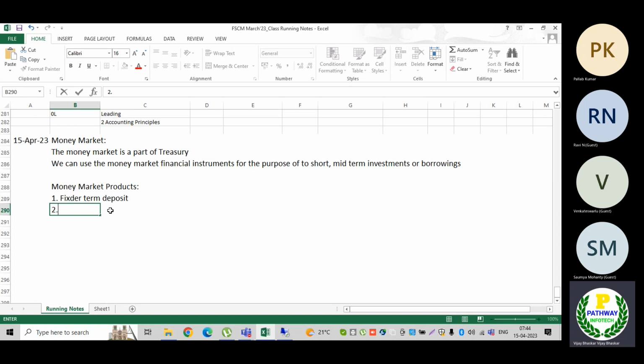First, fixed term deposit, then deposit at notice, then just for your understanding, commercial paper, then interest rate instruments.